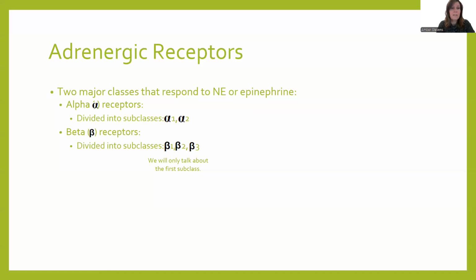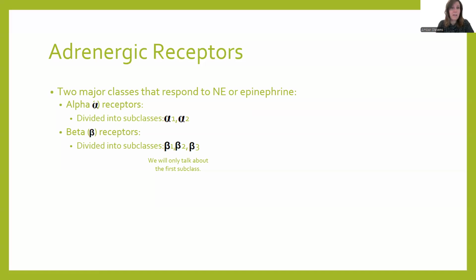It also helps to inhibit norepinephrine release. Then we have beta receptors, which help to increase the heart rate and force of contraction, which we will also talk about in pain management.